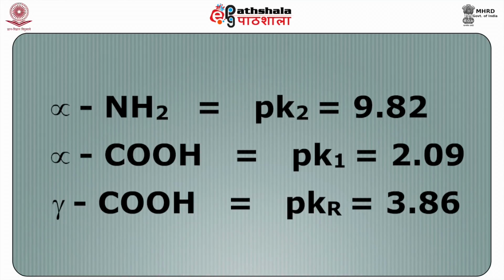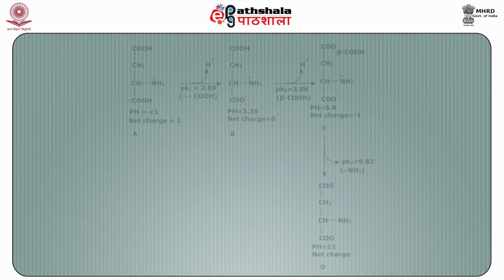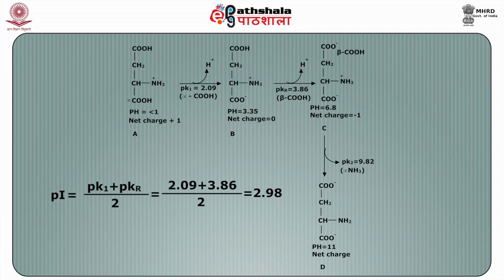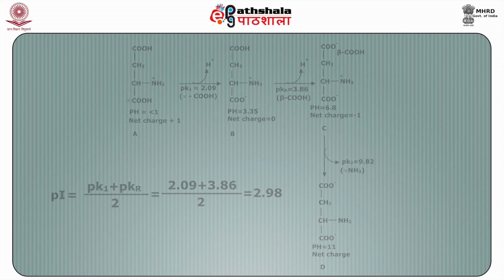For example, aspartic acid has another COOH group, so in all it has 3 dissociable groups with different pK values. For alpha amino, pK is 9.82, for alpha carboxylic pK is 2.09, and for gamma carboxylic pK is 3.86. Dissociation of aspartic acid on titration with NaOH gives the following reaction, and the pI is taken as the mean of the 2 carboxylic group pK values, (pK1 + pK2) divided by 2.